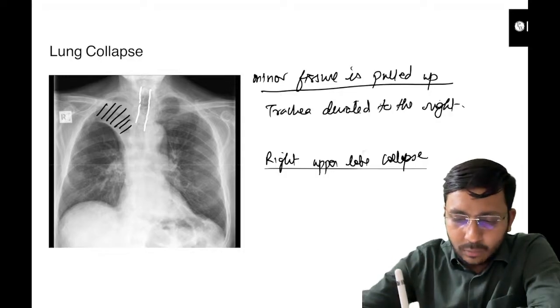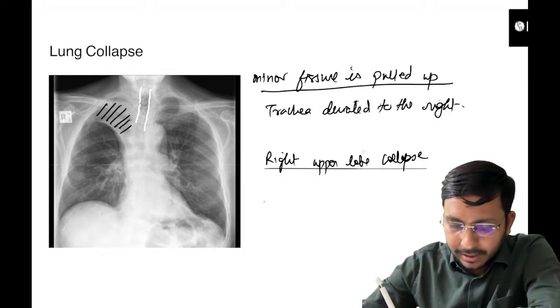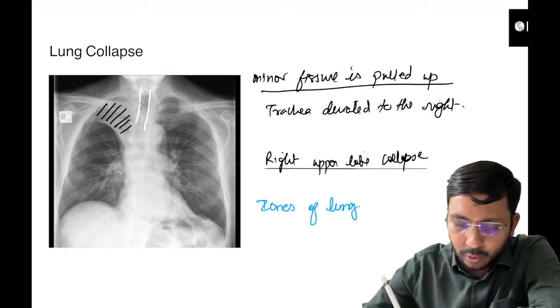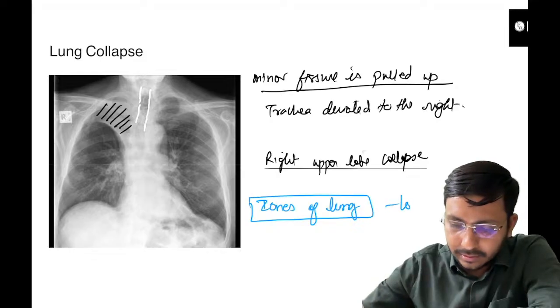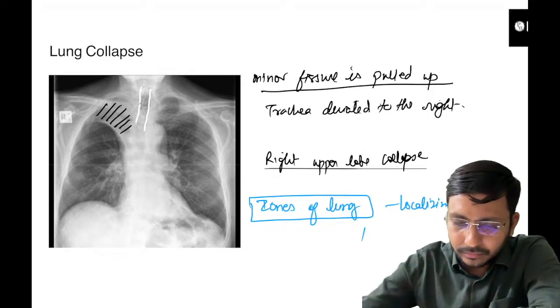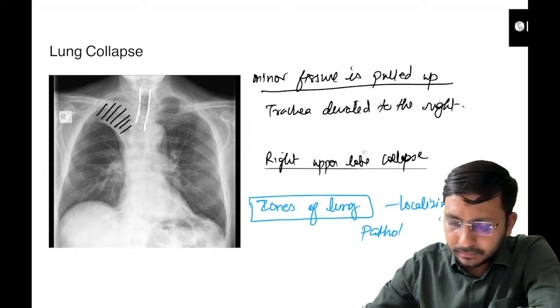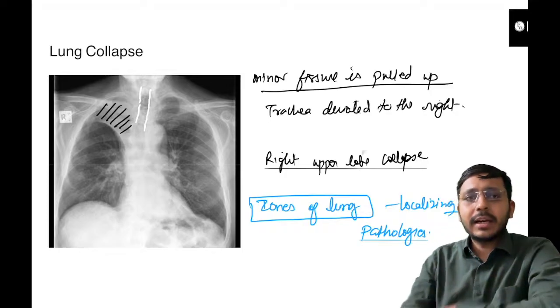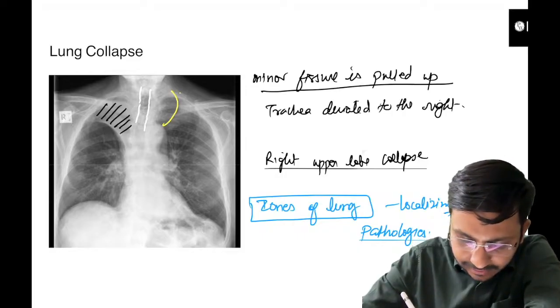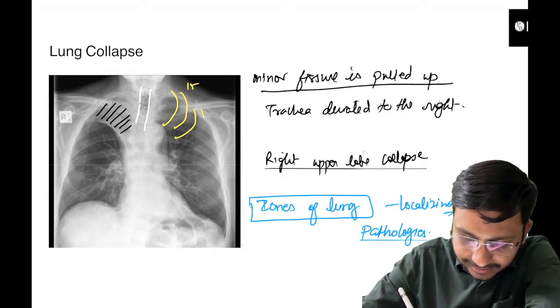Now another thing that I want you all to remember are zones of lung. How do we localize? This is for localizing lung pathologies. We divide the lung into 3 zones. So the upper zone is, this was the first rib, this is the second rib.